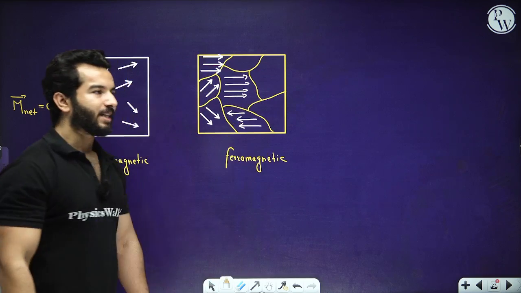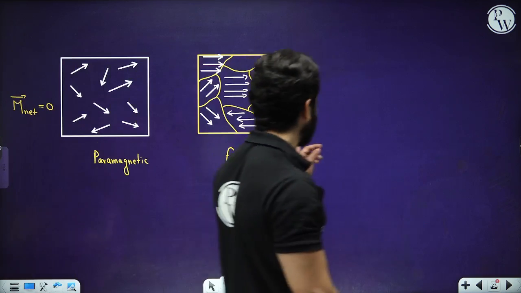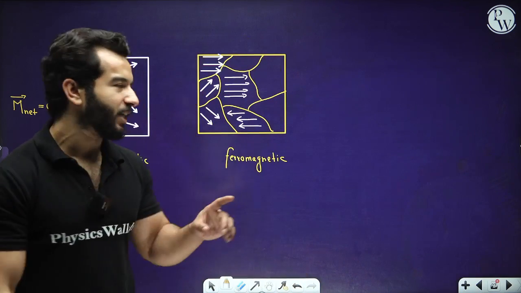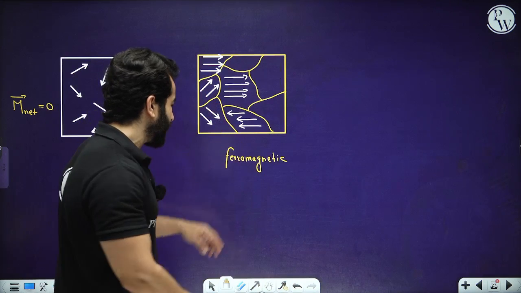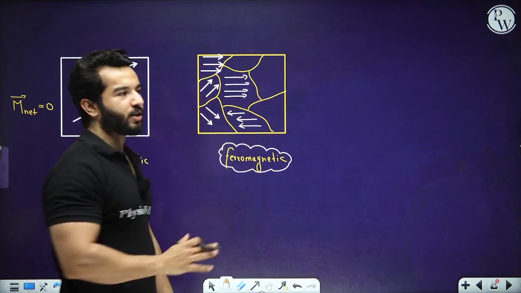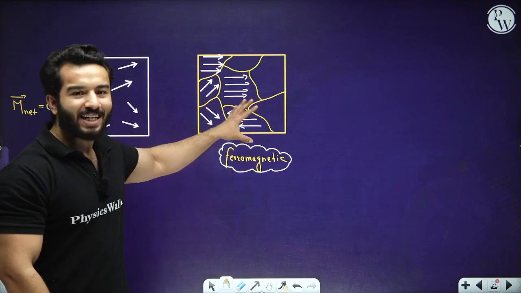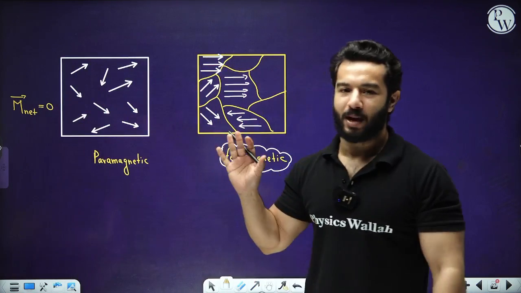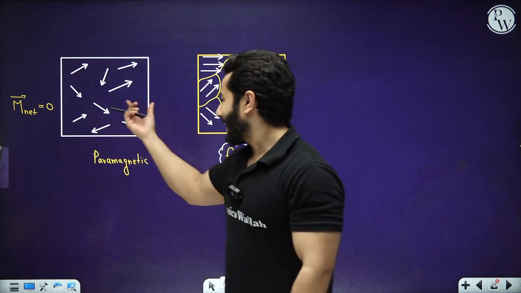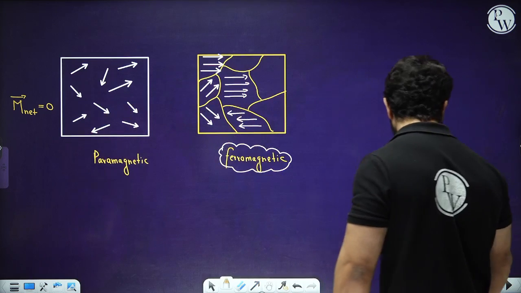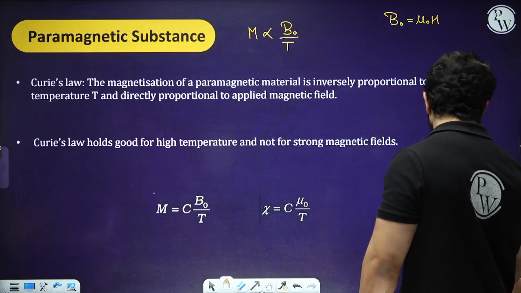Still they are going to cancel out each other and it will become 0, but when you apply an external magnetizing field, it will be a lot easier for the external magnetic field to align these dipoles in one direction. So the extent of magnetization in ferromagnetic material is far greater than in a paramagnetic material. So this got weakly magnetized, this gets strongly magnetized. So this is the difference.